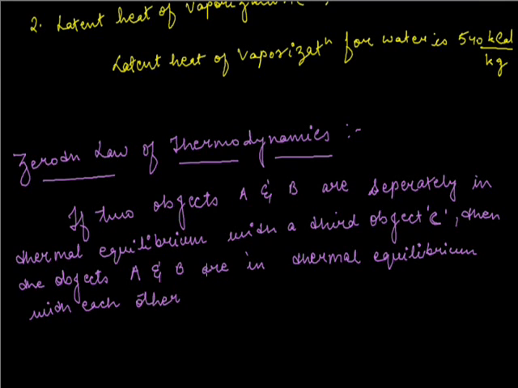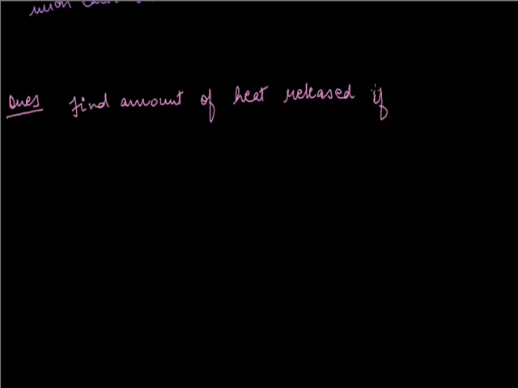Now, let's do a question on latent heat. The question is as follows. Find amount of heat released if 1 kg steam at 200 degrees centigrade is converted into minus 20 degree ice.